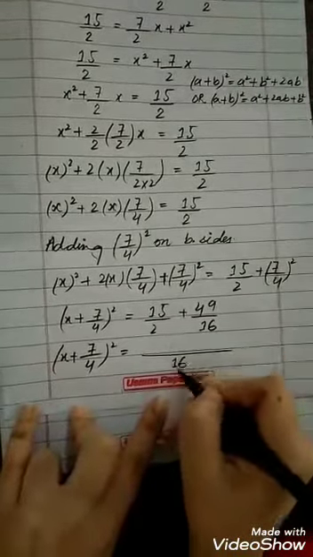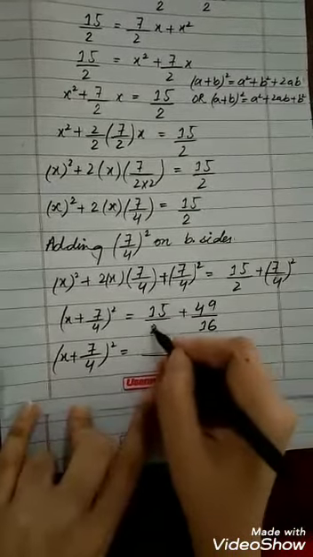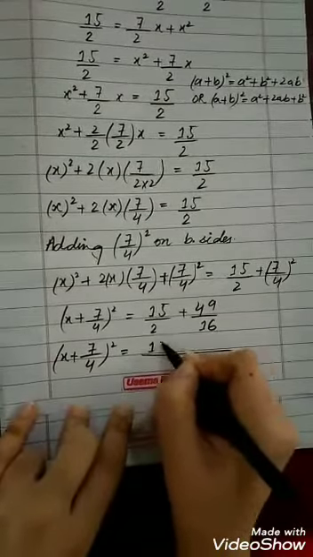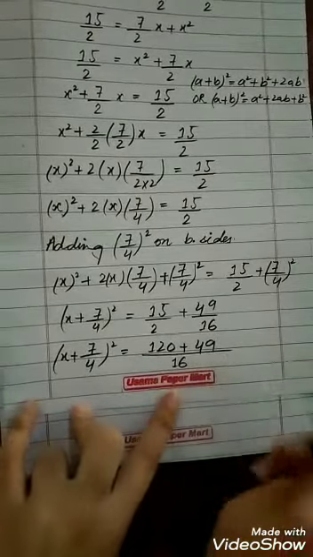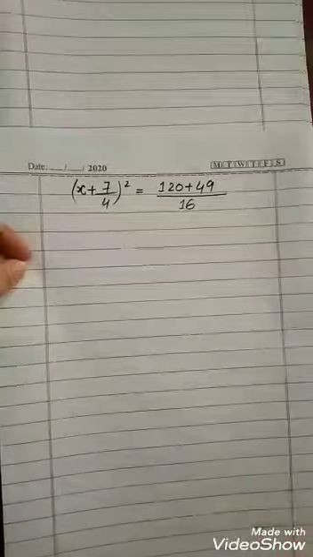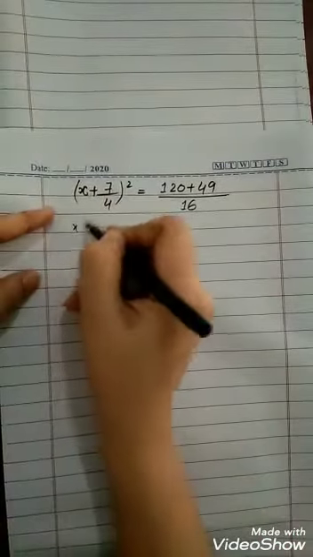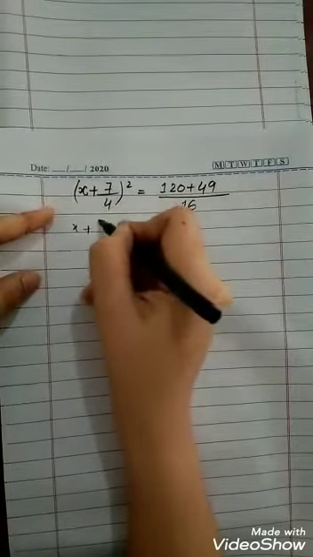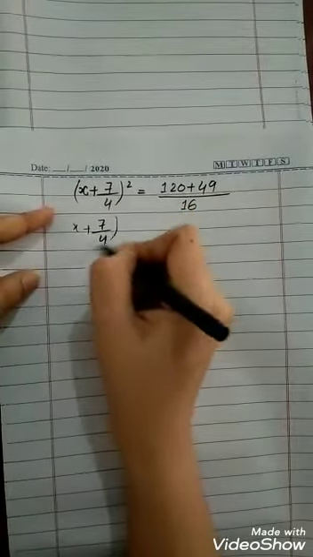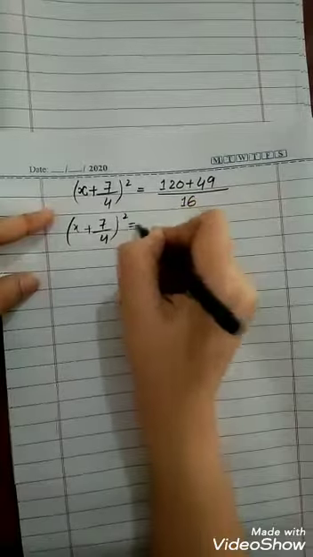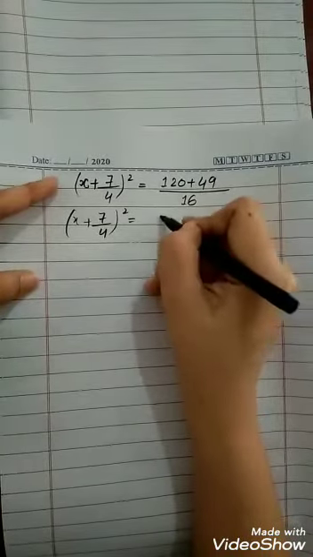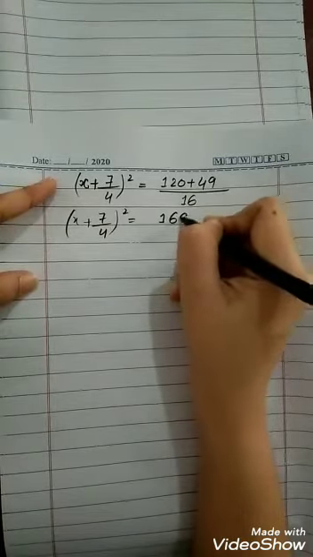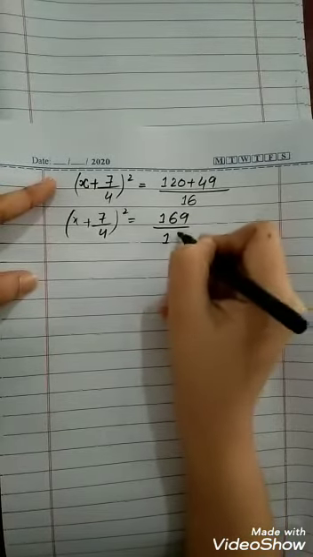LCM is 16, 2 eights are 16, and 15 eights are 120, plus 16 ones, that is 49. So we will add them now. X plus 7 by 4 whole square is equal to 120 plus 49, which is 169 by 16.